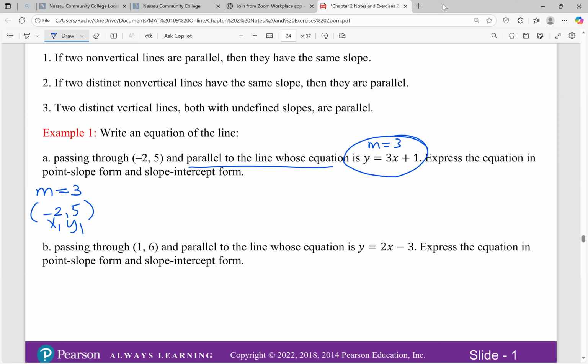So let's use our point slope form of a line. y minus y1 is equal to m times x minus x1. So we're going to have y minus y1, which is 5, is equal to m, which is 3, times x minus x1, which is -2.